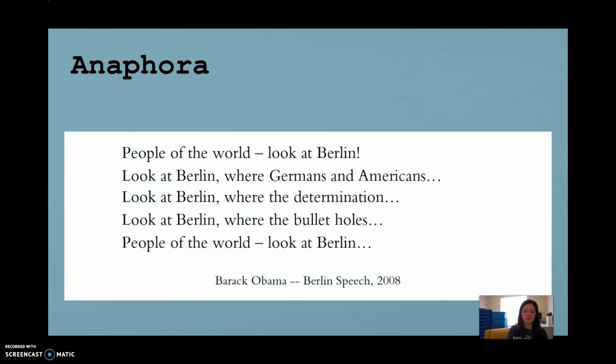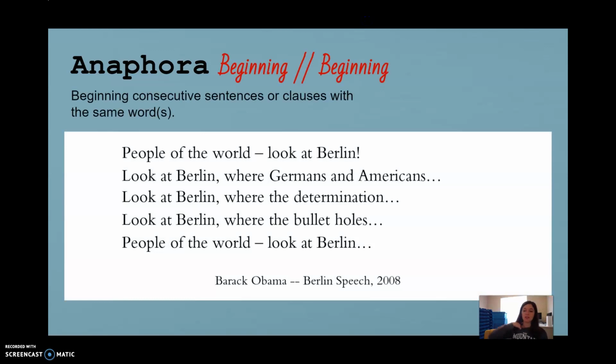Okay, anaphora. Anaphora is a really good one. So anaphora occurs at the beginning of sentences. For the last bit of our video, we're going to go through different types of repetition. Anaphora is our first type of repetition, and it occurs at the beginning of consecutive clauses or consecutive sentences.